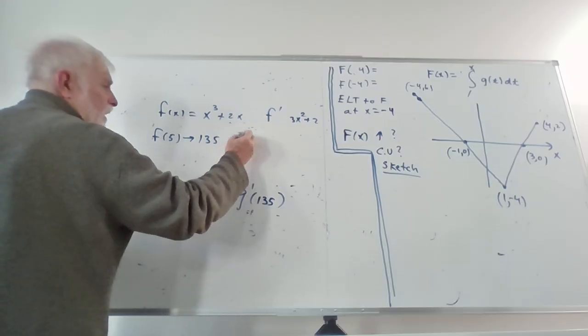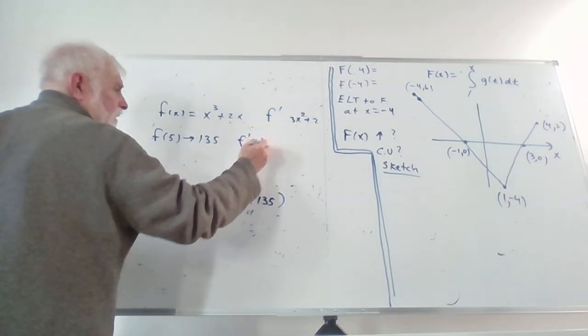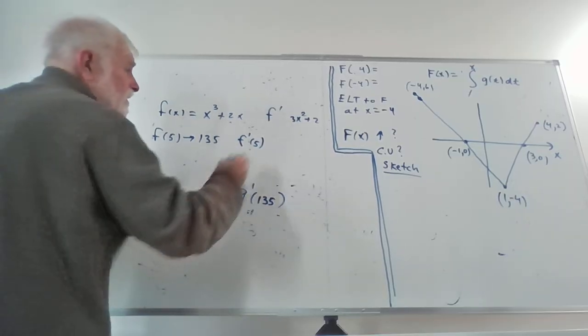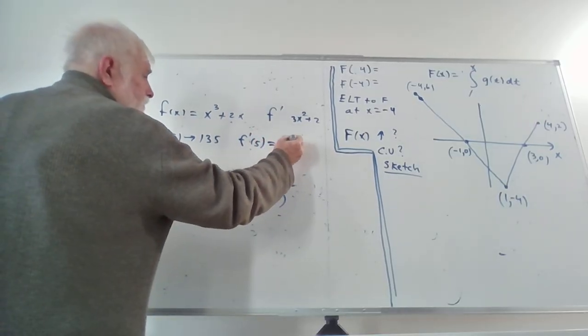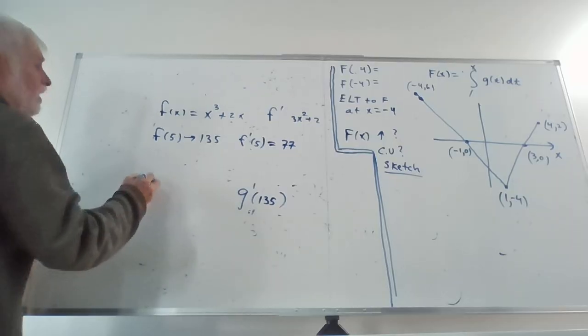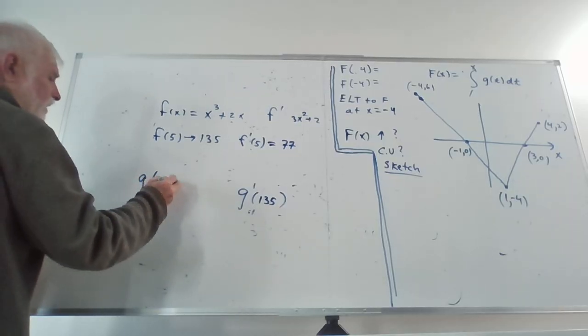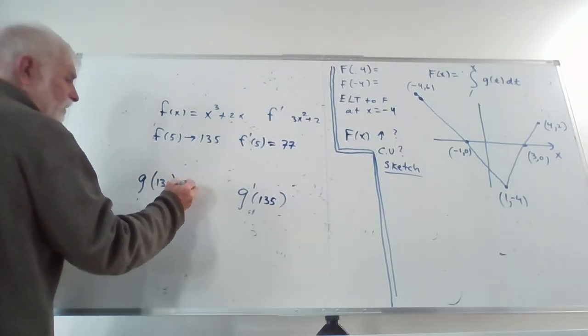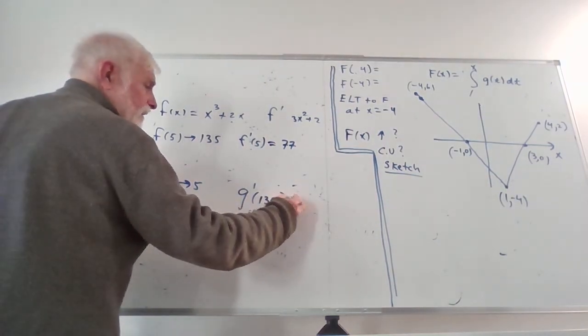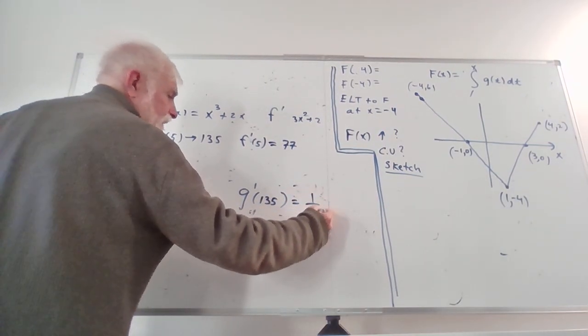Then f prime of 5 is equal to 77. So the inverse g of 135 gets me 5, and therefore g prime at 135 is equal to 1 over 77.